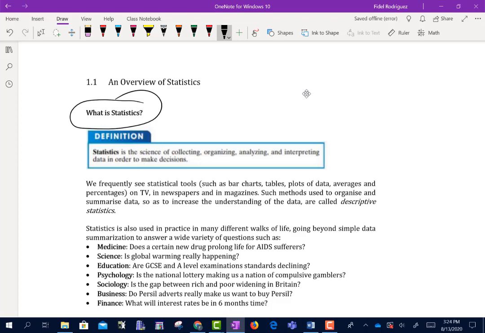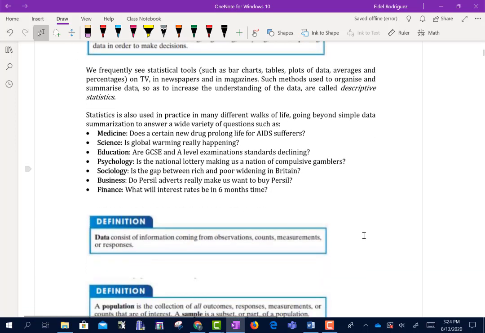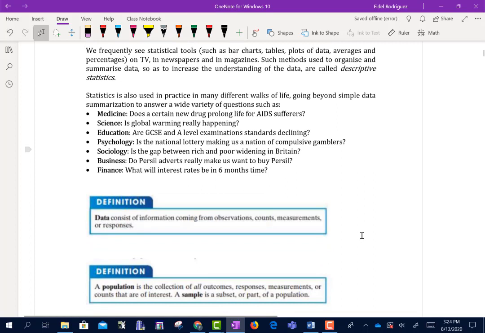Such methods used to organize and summarize data so as to increase the understanding of the data are called descriptive statistics. Statistics is also used in practice in many different walks of life, going beyond simple data summarization to answer a wide variety of questions, such as in medicine, does a certain new drug prolong life for AIDS sufferers? Science, is global warming really happening?